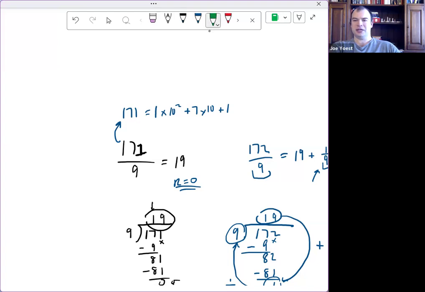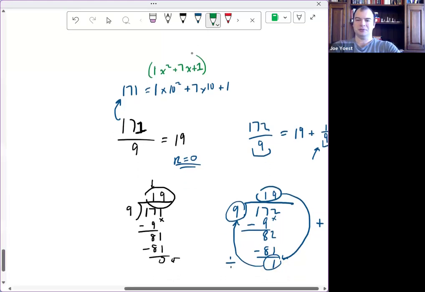This looks suspiciously like a polynomial, like 1 times x squared plus 7 times x plus 1. It looks suspiciously like a polynomial where we just have powers of 10 put in for our x's.